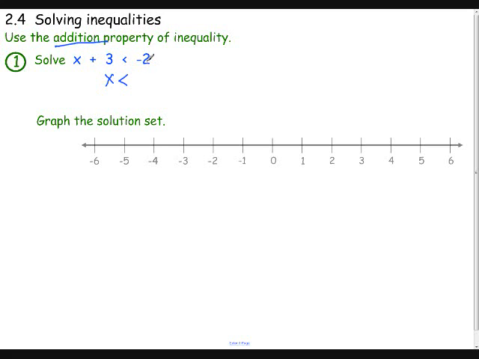We add a -3 over here. Where's our boundary? It's at -5. Is it open or closed? It's open. There is no equal. And it's going to be less than that. So when we go to graph it, it looks like this.